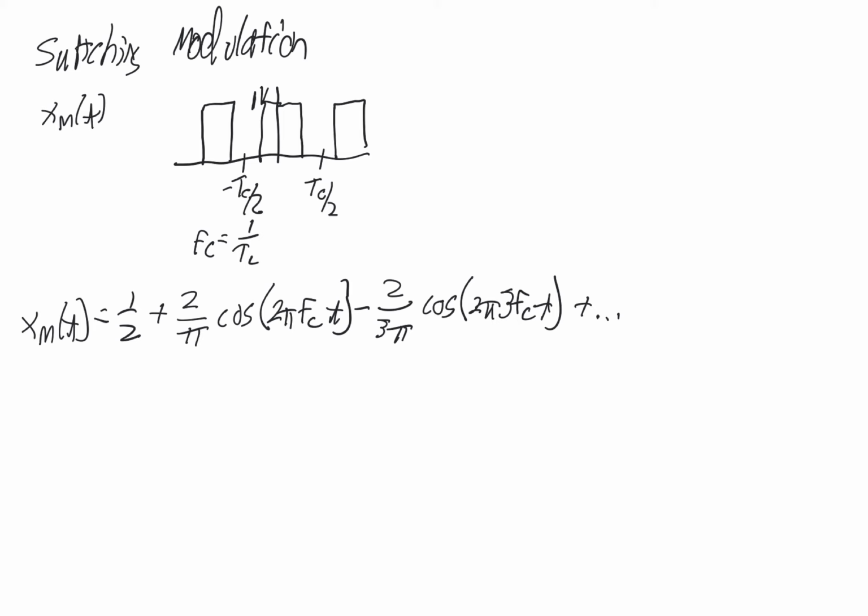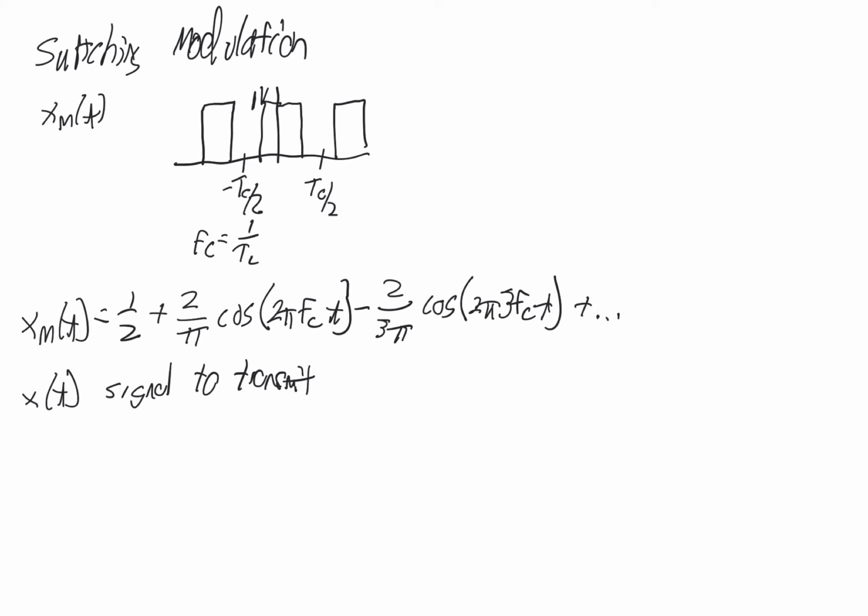Now, if I let my signal to be transmitted be x of t, and I multiply x of t by the square wave, I could express it a couple different ways. I could say it's 0 when the square wave is inactive, and it's x of t when the square wave is active. That would be a piecewise definition like we used earlier in the class.